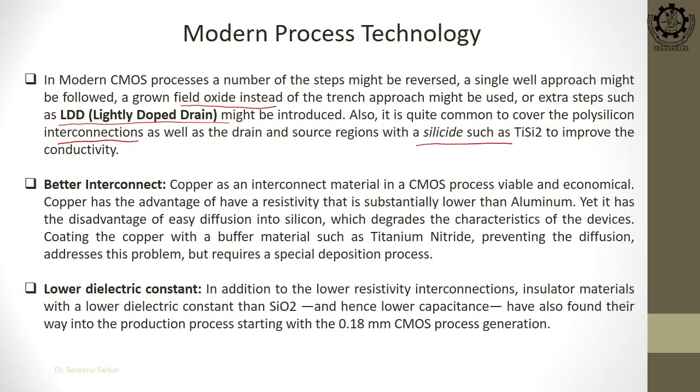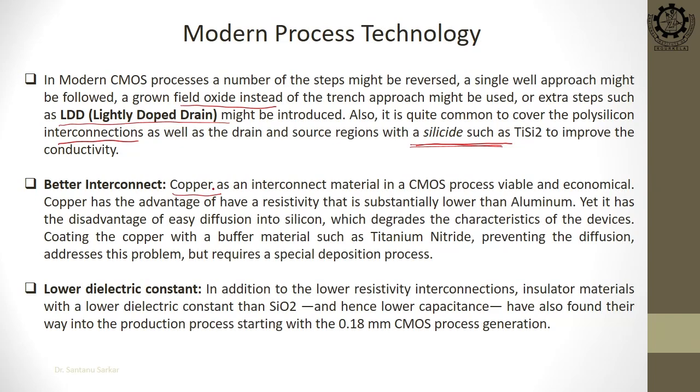Silicide is a particular coating which can improve your gate resistance. If you apply this silicide coating on some regions, it can change the resistance of the material. As for better interconnect, previously aluminum was used.